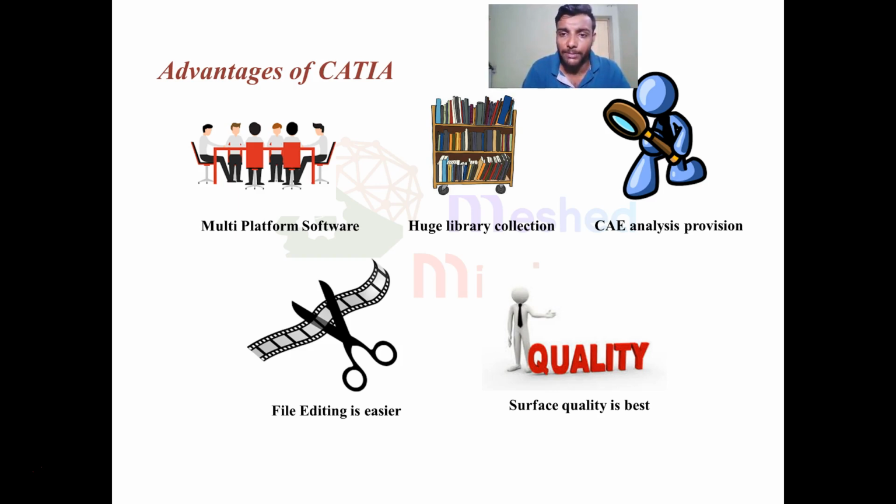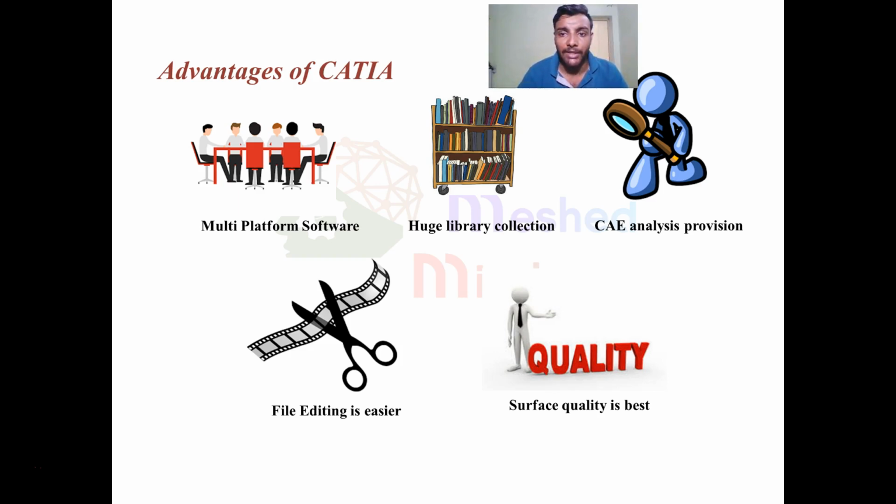This is a parametric modeling software, which means that if you have a very huge assembly with many linked components, and you change a dimension or any feature of one particular component, it gets updated across all the components. This reduces a lot of time, especially when the complexity of the model becomes very high.